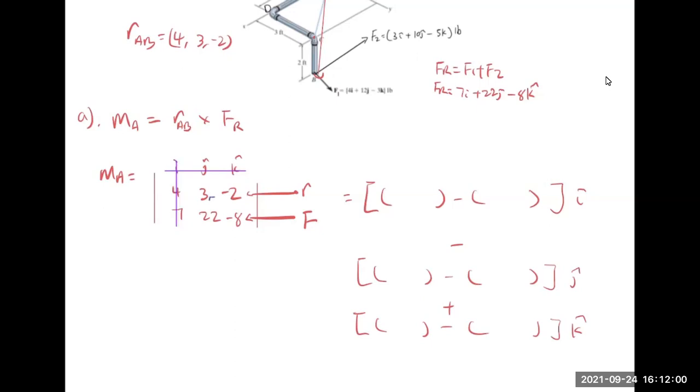Then do 3 multiplied by negative 8 minus negative 2 multiplied by 22. And then for the j, same thing: cross out the row where j is, and cross out the column where j is, and do 4 multiplied by negative 8 minus negative 2 multiplied by 7.